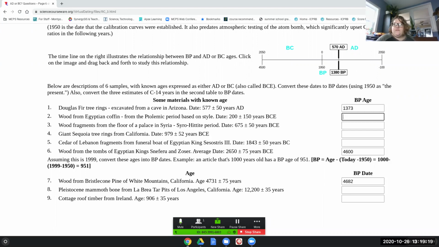It says 1373. Most probably because 585 is 1365. Okay. And then if you realize 577 to 585 is 8. So if you add on 8 to this, you end up with 1373.